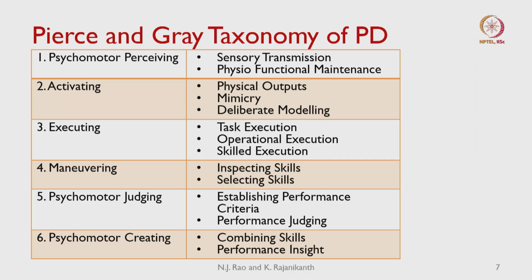Then you actually execute. Task execution, operational execution and skilled execution. There are levels in that. You first somehow put your hand out correctly, but then you still may not be able to hold it. You operationally have to execute that, and then you should also do it skillfully.